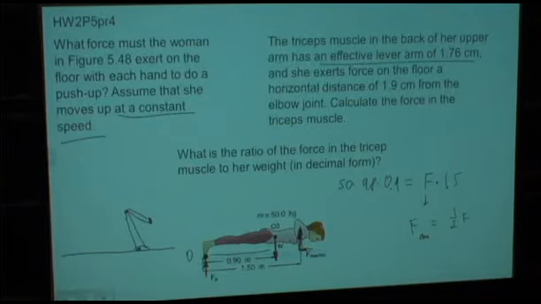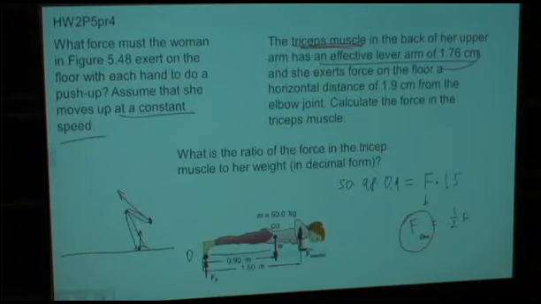So what's happening here? Well, this force points up, and this force due to triceps points, how does it point? It points in such a way that the distance from the elbow to the line of action is equal to that number we have.